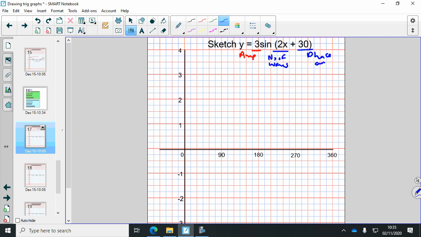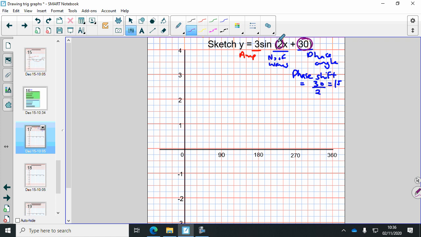Now, when we've got a different number of waves, to calculate the phase shift, it's going to be the phase angle 30 divided by the number of waves, which is 2. So we get a phase shift of 15. So it's this number here divided by this number here.